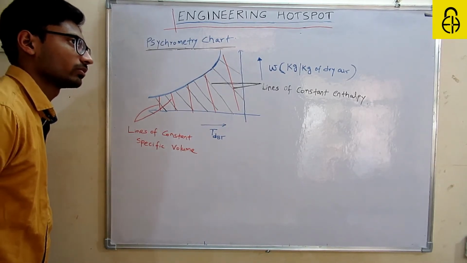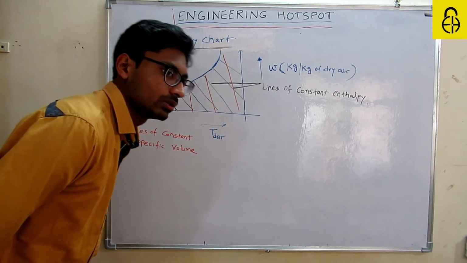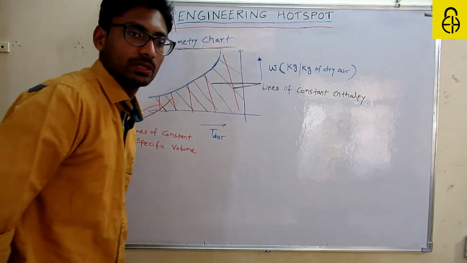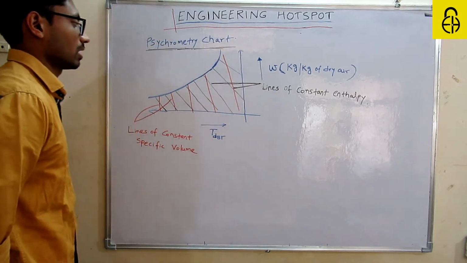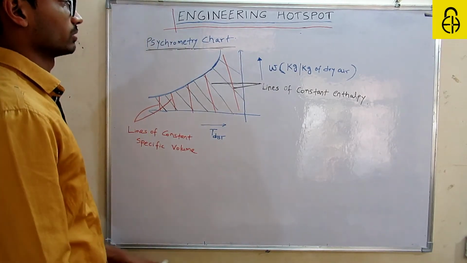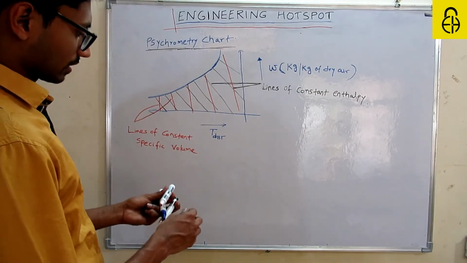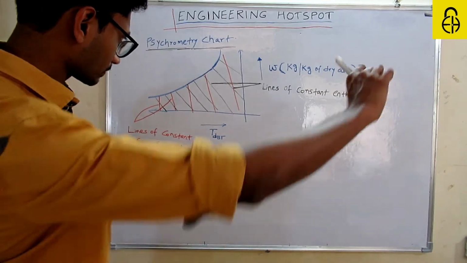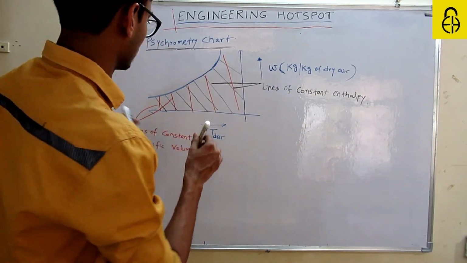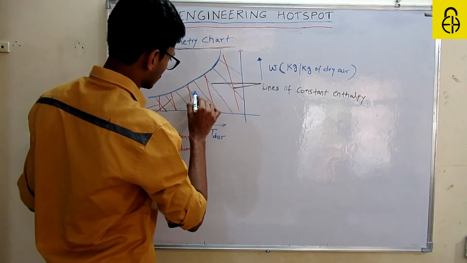So how will you get to know DPT? DPT means dew point temperature. How will you determine DPT from this psychrometric chart?